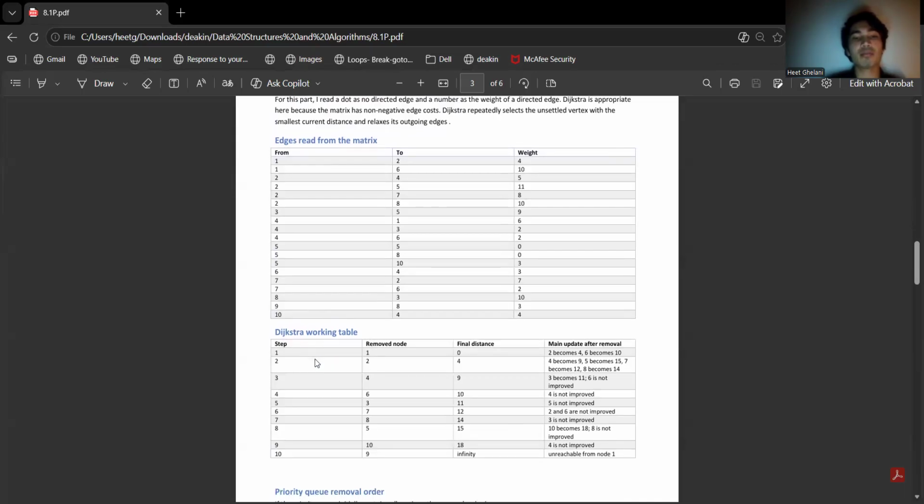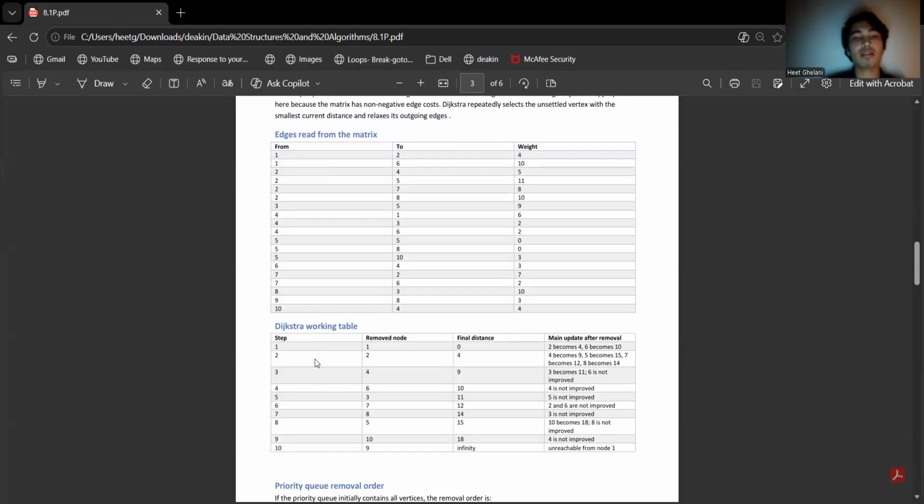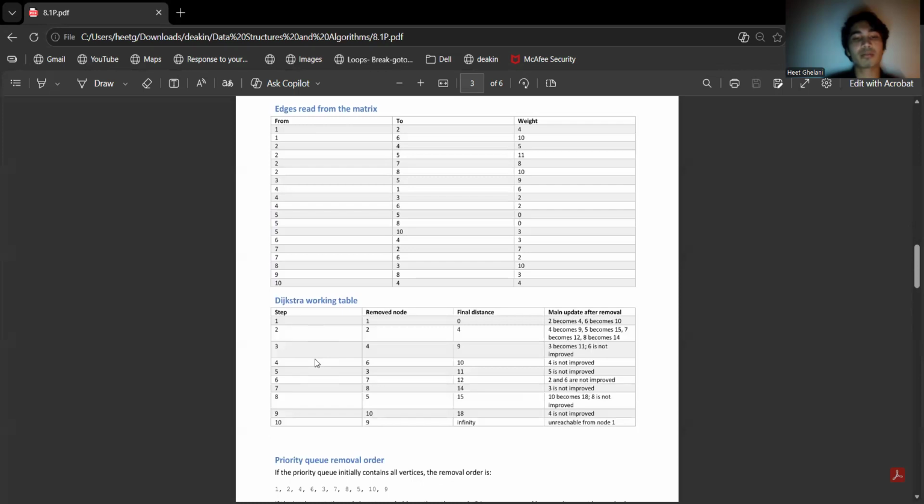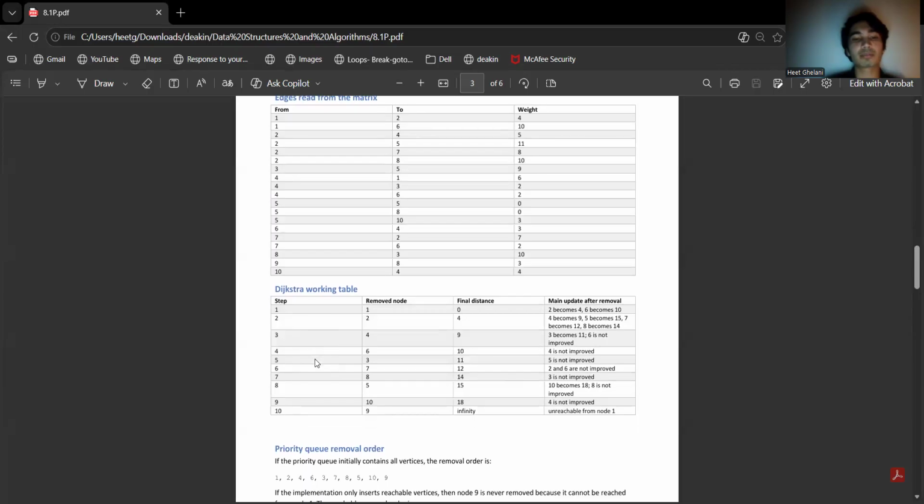Starting from node 1, node 2 gets distance 4 and node 6 gets distance 10. Next, node 2 is removed because it has the smallest current distance. From node 2, node 4 becomes 9, node 5 becomes 15, node 7 becomes 12 and node 8 becomes 14. The algorithm continues until all reachable nodes are processed.